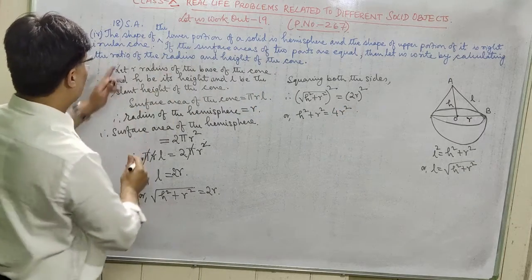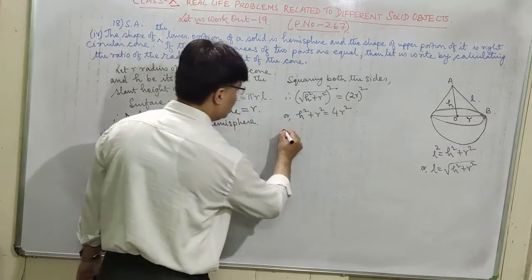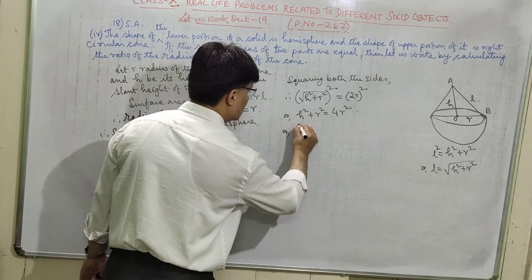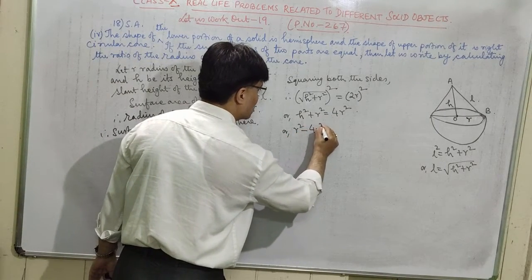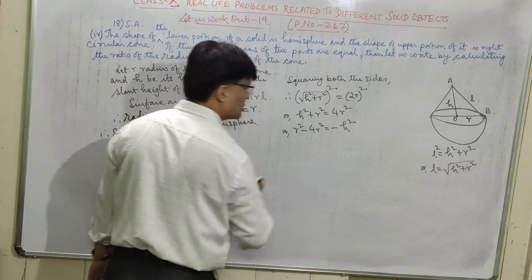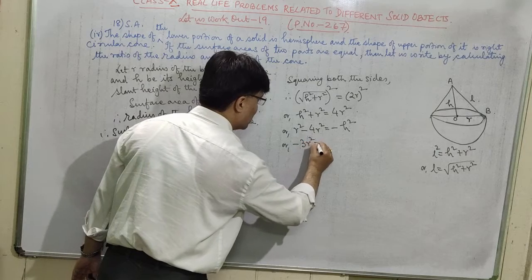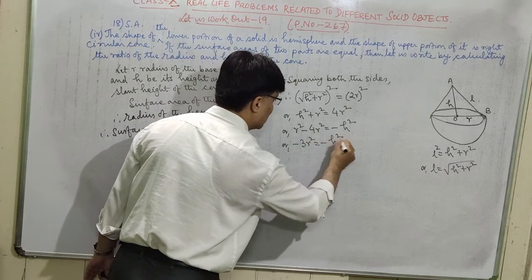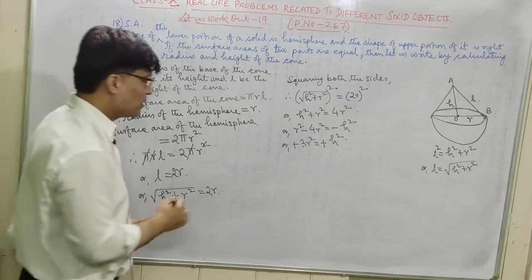We have to find out the ratio of the radius and the height of the cone, that is r is to h. So take 4r square to the left hand side, and h square to the right hand side. It will be minus 3r square is equal to minus h square. So the minus gets cancelled.